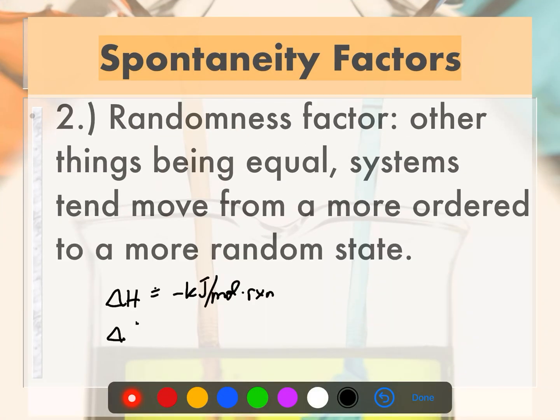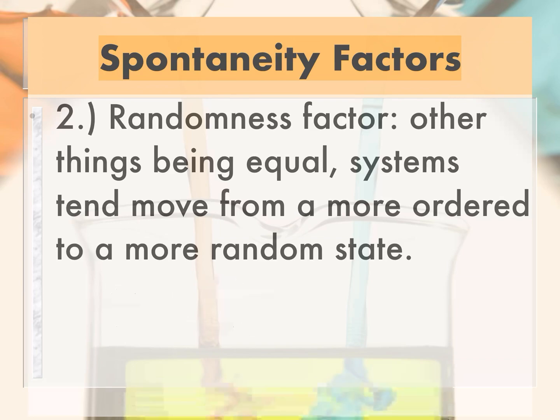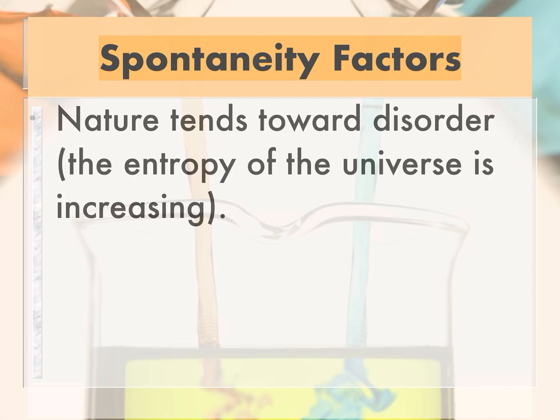However, delta S values, the entropy values, the randomness, are measured in joules per mole reaction. And there's generally an increase in this as a guideline throughout the universe, so these tend to be positive values, but much smaller in terms of the units because the randomness factor is much smaller than the energy factor.